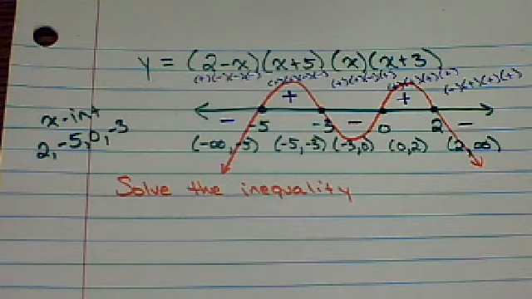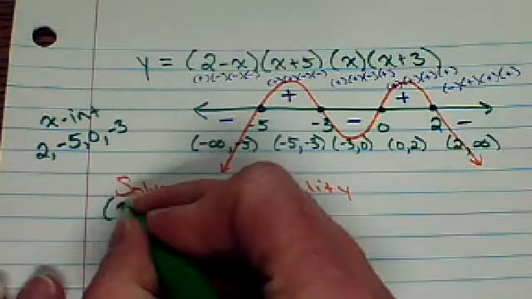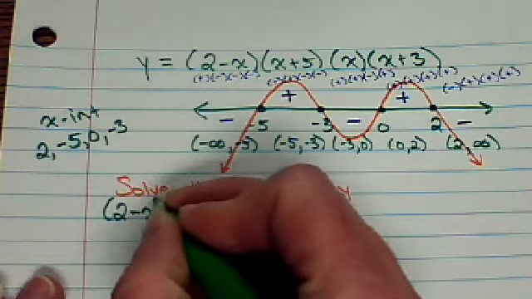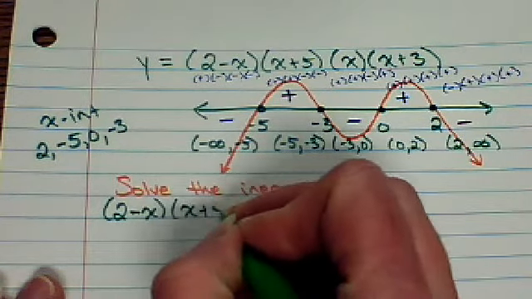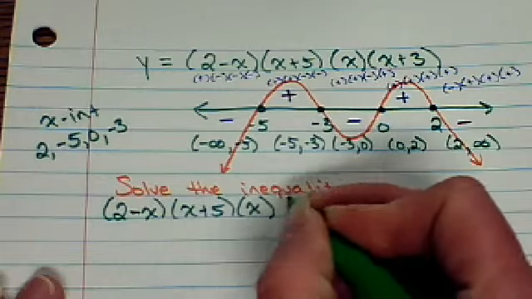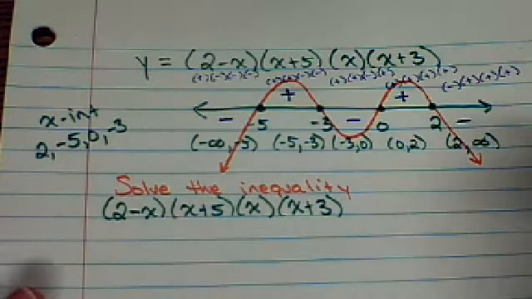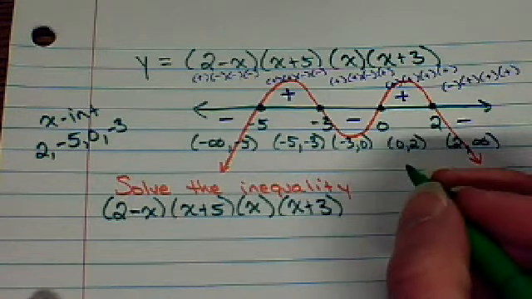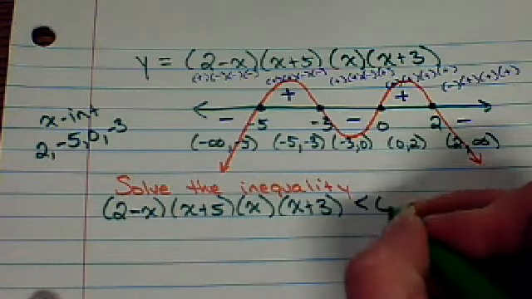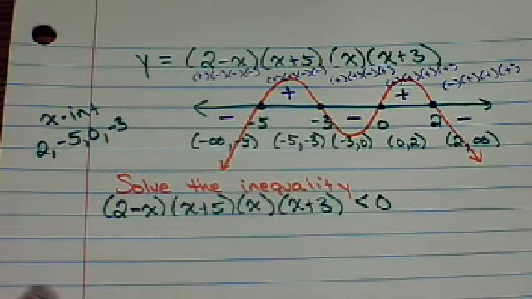So let's say the problem said to solve (2 minus x)(x plus 5)(x plus 3), and we want to know the values that make that less than 0. Now, less than 0 means I'm talking about my negatives.